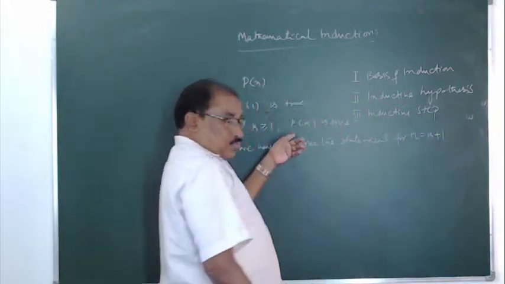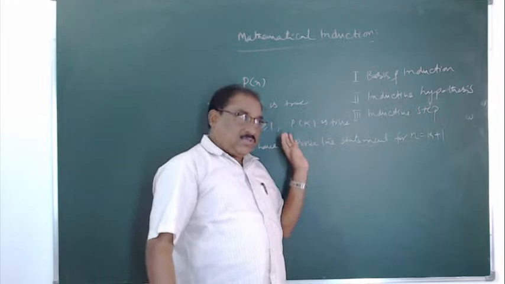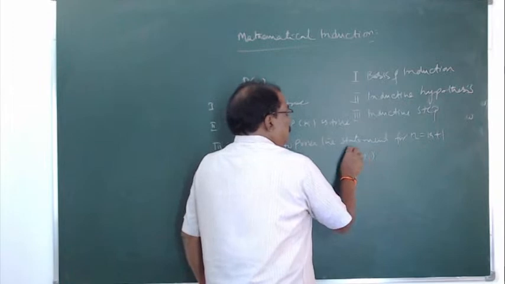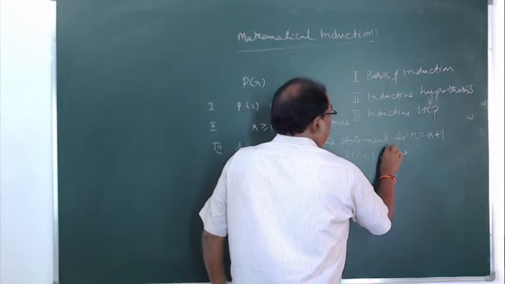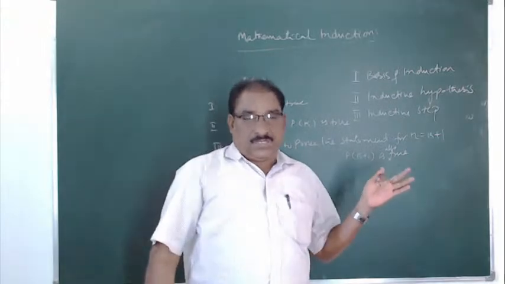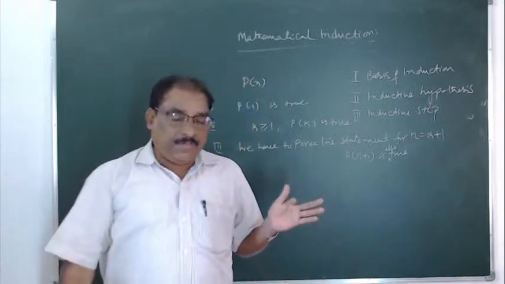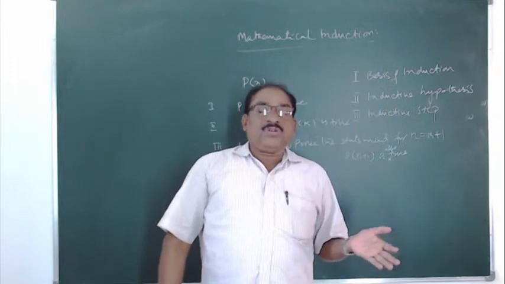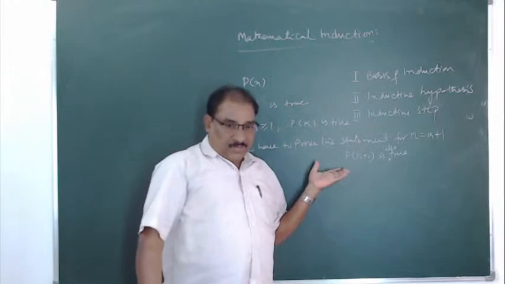Given that P of k is true, we also have to prove P of k plus 1 is also true. And then the conclusion is that the given statement P of n, that is 1 plus 2 plus 3 and so on, is equal to n into n plus 1 by 2, is true for all natural numbers. This is the simplicity of solving the problem.